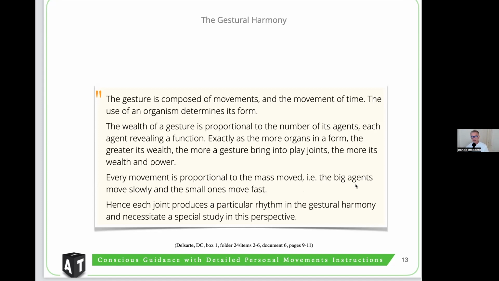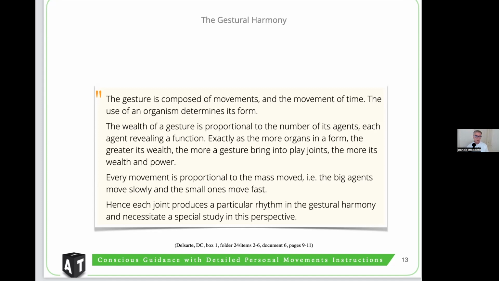But this is hiding the big truth that the gestural harmony cannot be a gestural harmony of the face movements, of course. And so each joint of the whole produces a particular rhythm in the gestural harmony and necessitates a special study in this perspective. That again is very important to understand.